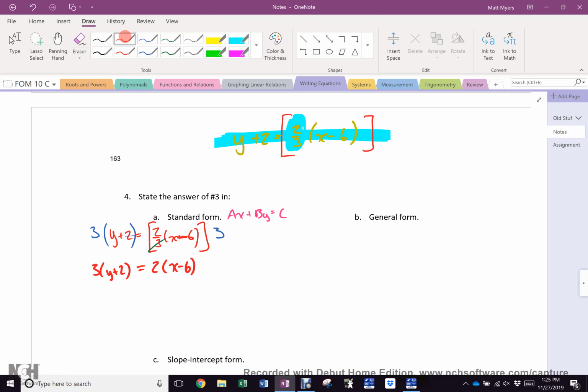Well, I haven't done that yet. That's what we're doing right now. We're getting rid of the brackets by distributing right now. That's okay. As Gersahil just said, we will distribute here and get 3y + 6 = 2x - 12.